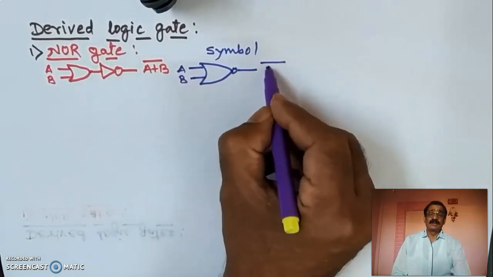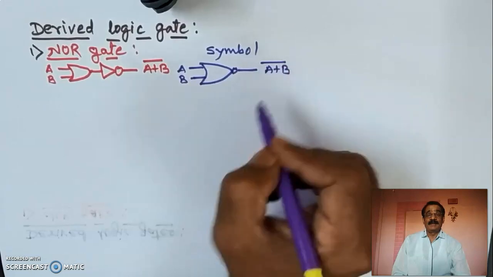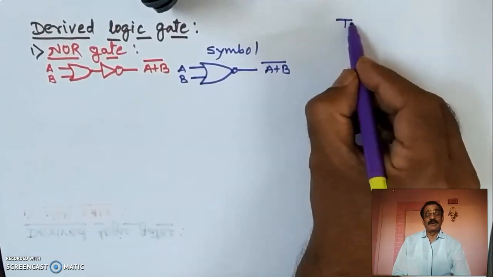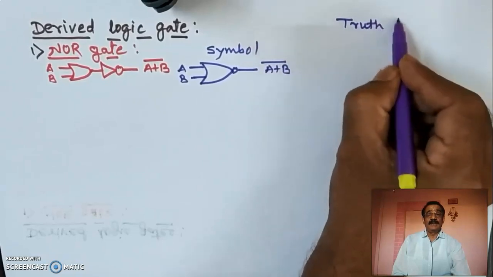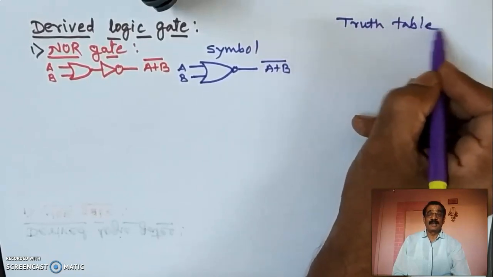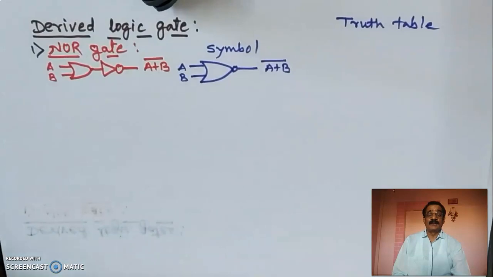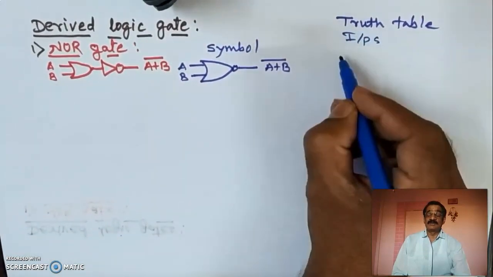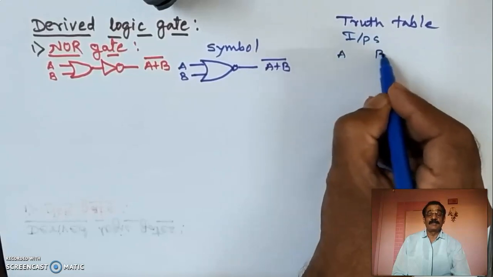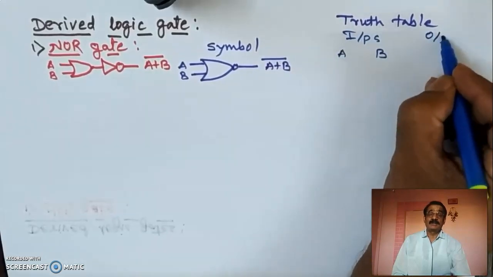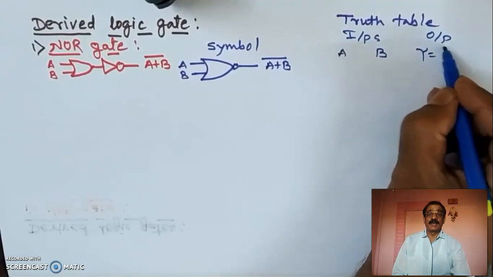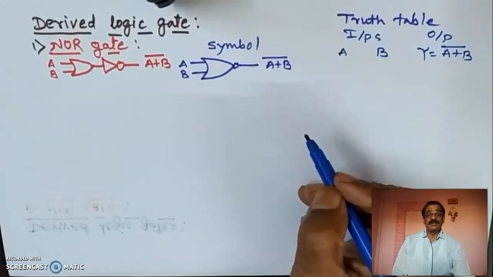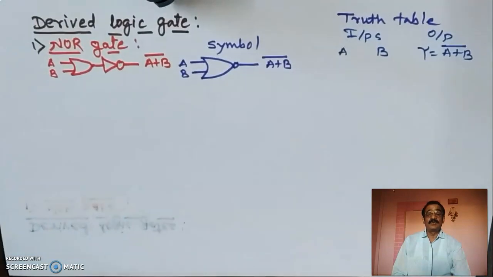This is the symbol of the NOR gate. Now we will see the truth table. The NOR gate has two inputs and one output. A and B are the two inputs and Y is the output. And there are four input possibilities. First case is when A is 0 and B is 0. Both inputs are 0.